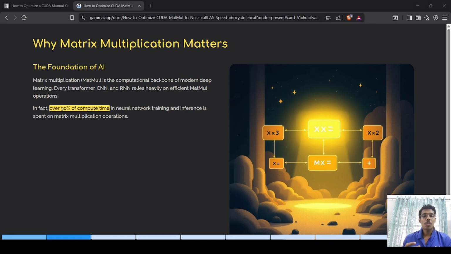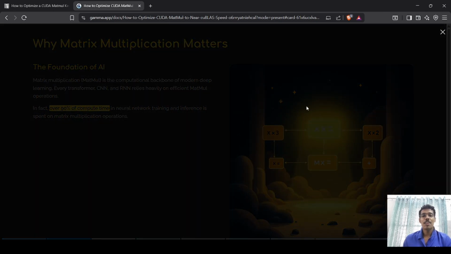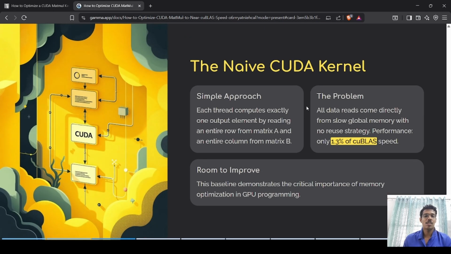And Simon Boehm does it in an incredibly good way by introducing a naive CUDA multiplication kernel and optimizing it all the way to a really good standard, where you get almost 93% of cuBLAS's level, which is an NVIDIA library itself.